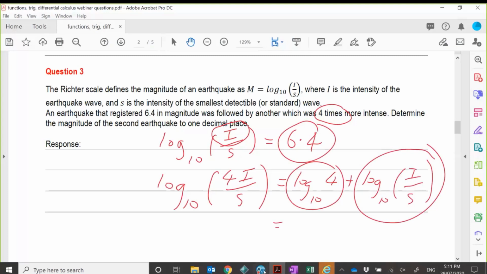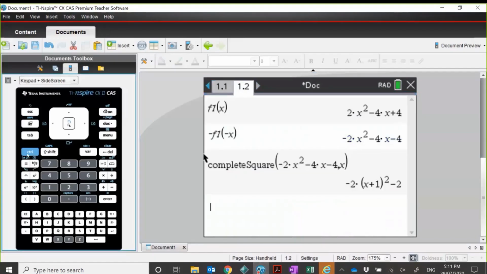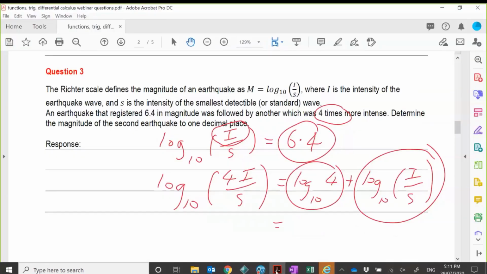All right, back on my calculator page. So control log base 10 of 4. I get 0.6. So back here, I now need to add on. So I'm now going to add on my extra 6.4.